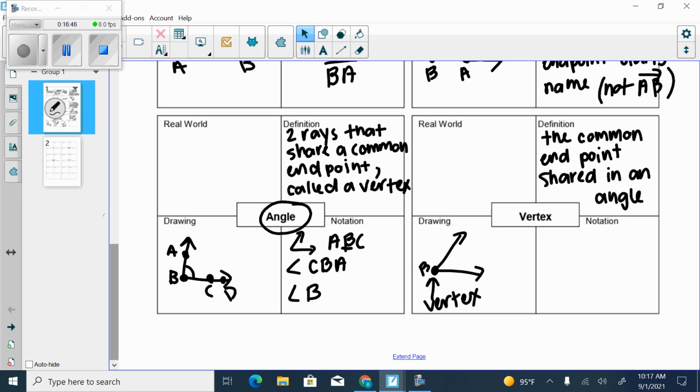So if I asked you what the vertex was over here, you would just tell me that it is at B. So this one is a point. And if they ask you, you don't have to put the dot in front. I would know you were talking about a specific point if you just put the letter, right? So you could just tell me that the vertex here is at B. I would totally know what you were talking about. Okay? All right.